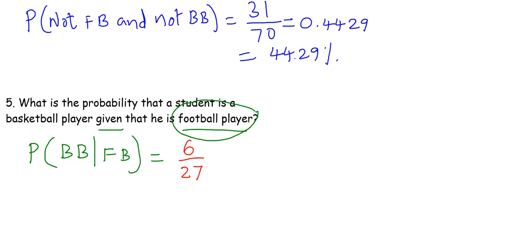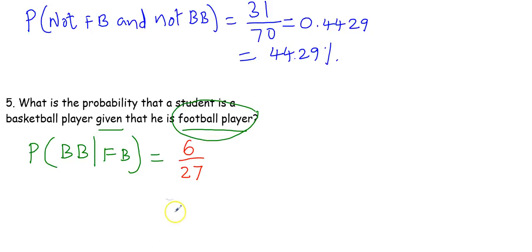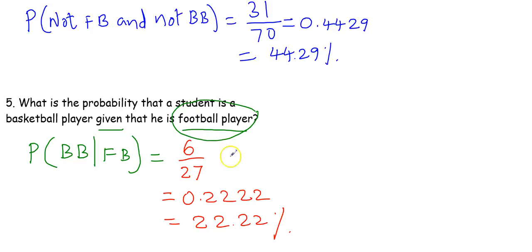And use your calculator. 6 divided by 27 is 0.2222. Multiply by 100, that gives me 22.22%. This is the probability that a student is a basketball player given that he is a football player. All right, thank you.